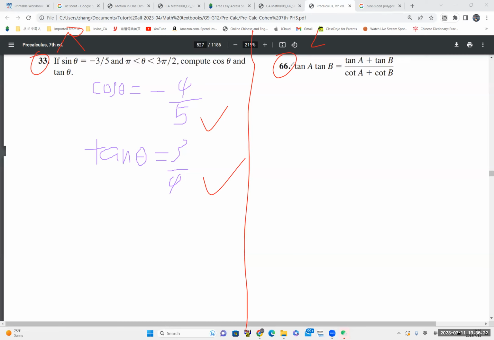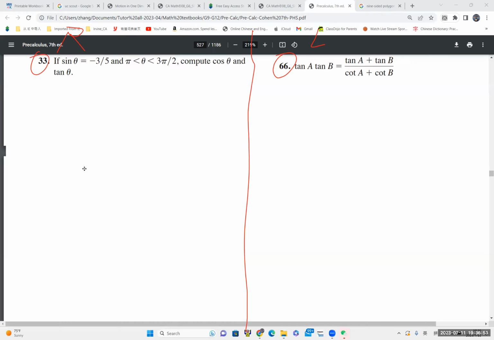Yeah, you can also think about problem 66 in your own workbook. Tan A tan B equals tan A times tan B over tan A plus tan B. You can think on it and write on your left side.